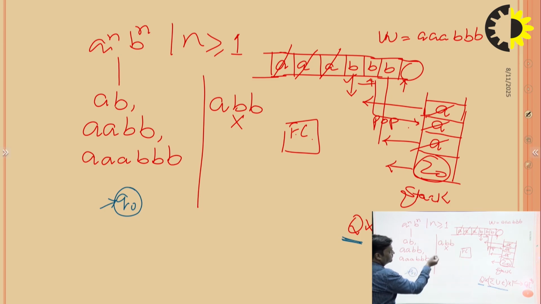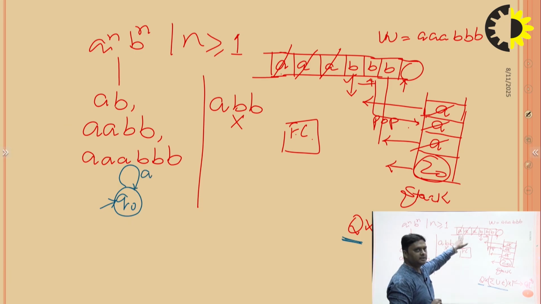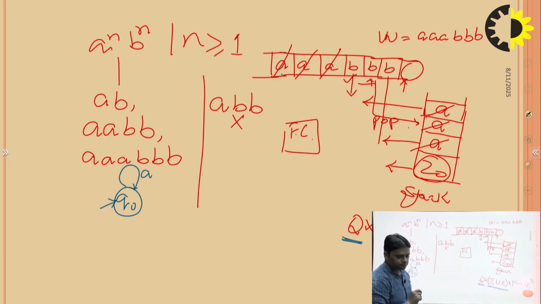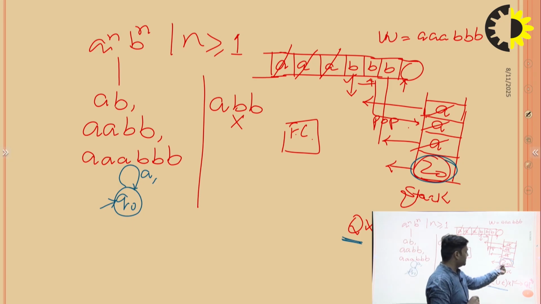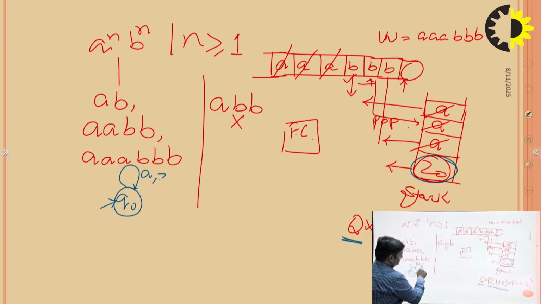When we get the first a from the input string, and Z naught, that is the top of the stack, is Z naught, then the output will be a Z naught.